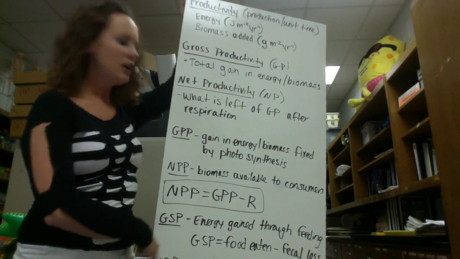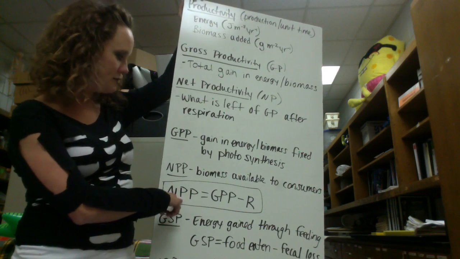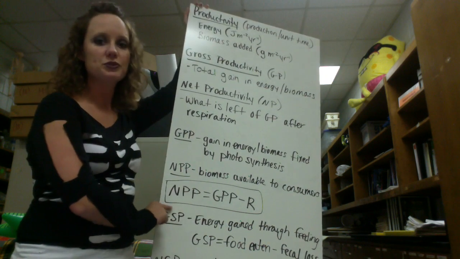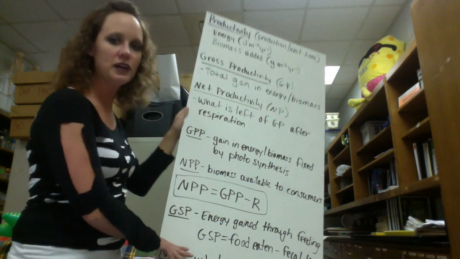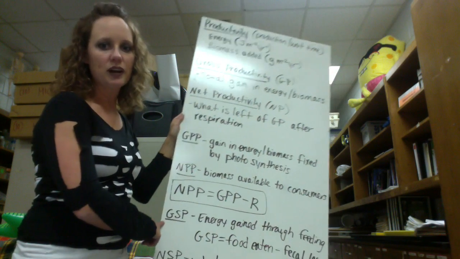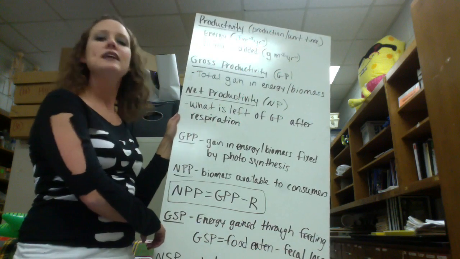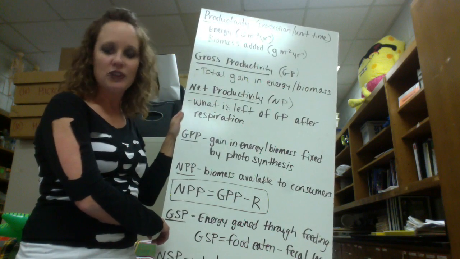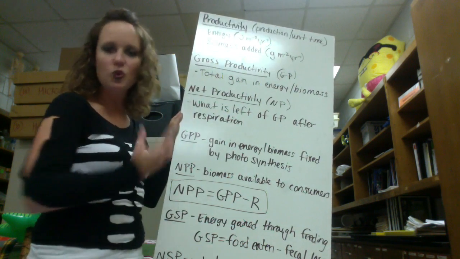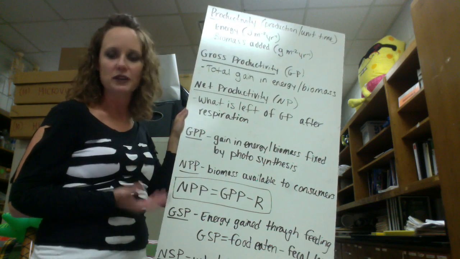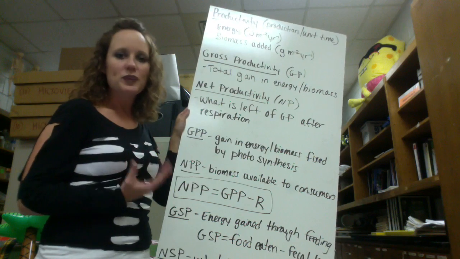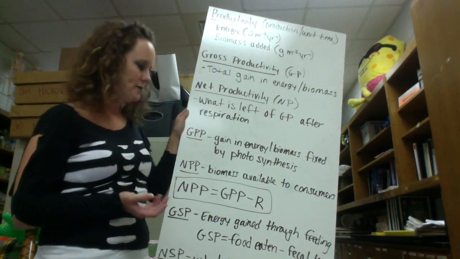Okay, now the energy that is passed from our producers to our primary consumers, that's going to be gross secondary productivity. Now, when an animal eats the food, not all of it is absorbed into its body. Some of it's going to be lost as excrement or fecal matter. So we need to subtract out that fecal matter.